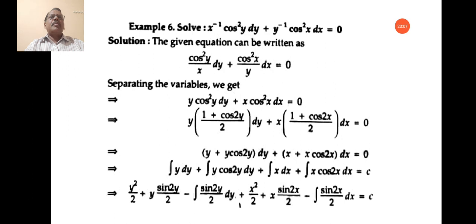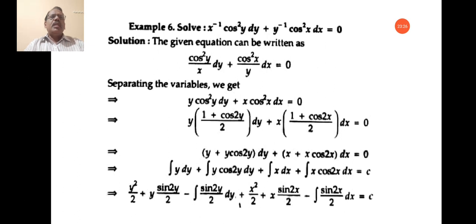After the separation of variables, we have to apply integration. Here we have one more formula: cos square y is 1 plus cos 2y divided by 2. Similarly, cos square x is 1 plus cos 2x divided by 2.